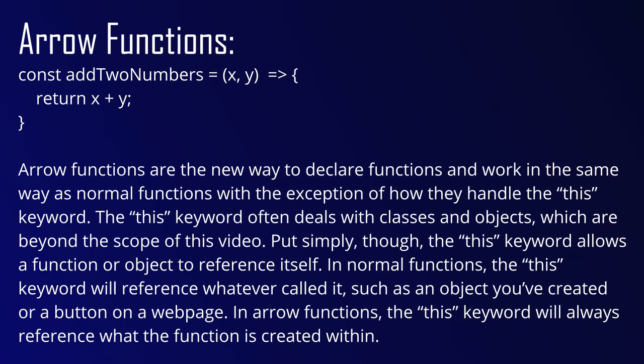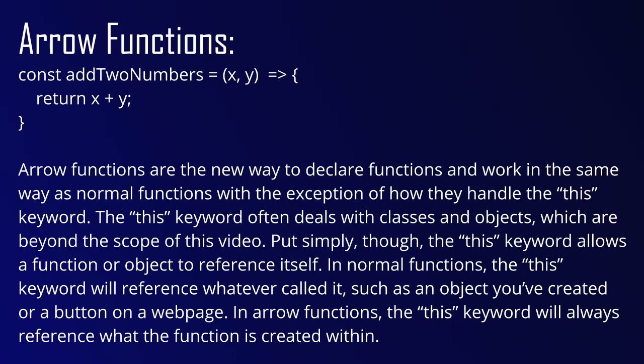Arrow functions are the new way to declare functions and work in the same way as normal functions, with the exception of how they handle the this keyword. The this keyword often deals with classes and objects, which are beyond the scope of this video.